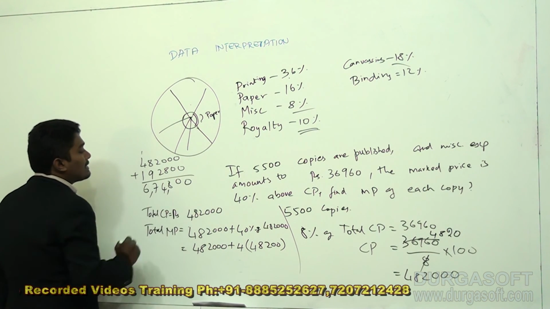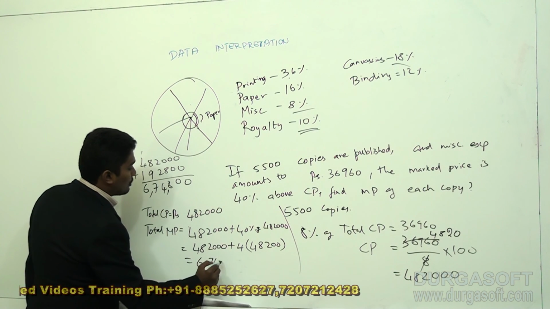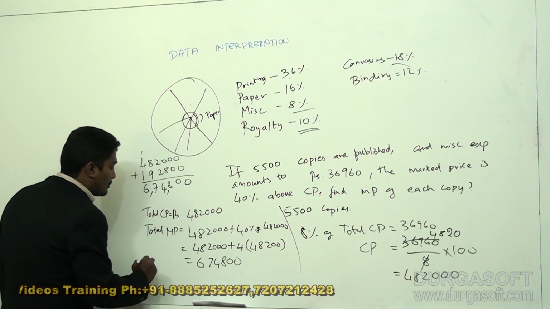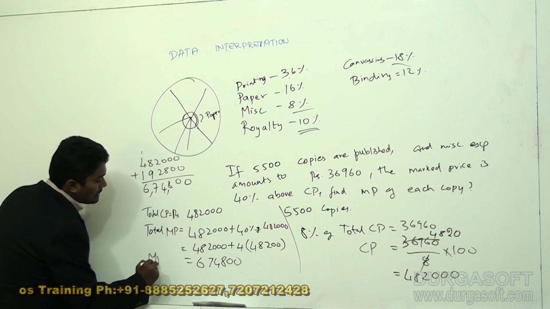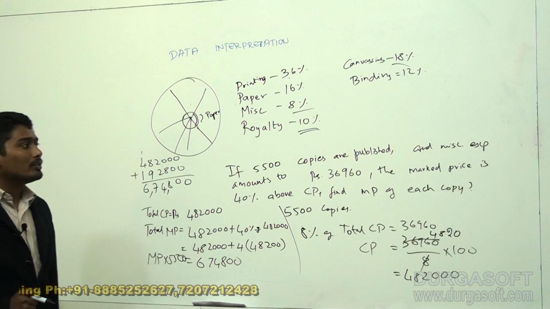So this will be 6,46,800. The total marked price will be 6,46,800. So this is the total marked price, or marked price of 5,500 books.